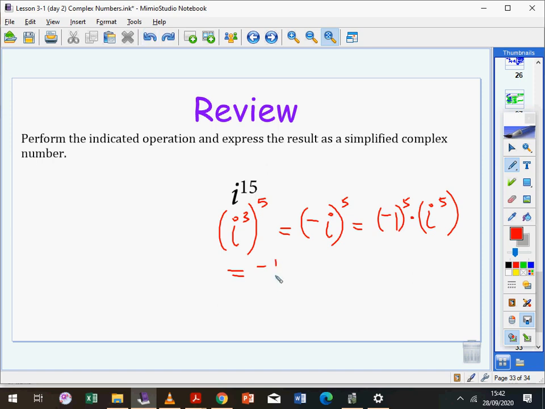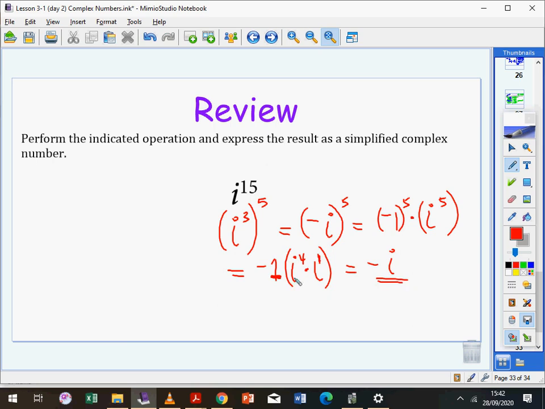And i to the power of 5, I hope you did this on your own, was positive i, because it's i to the power of 4 times i to the power of 1. Hope you'll agree with me that this is negative of i. That's what I end up getting, because i to the power of 4 is 1.